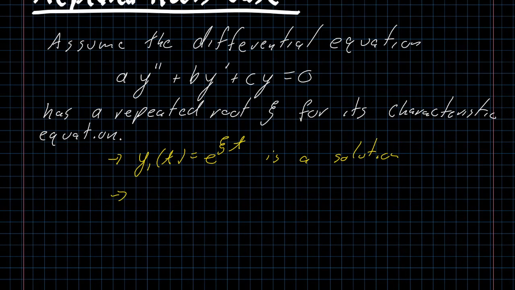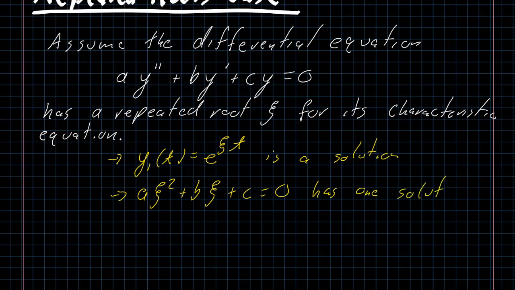And we know the characteristic equation, a times c squared plus b times c plus c equals 0, has exactly one solution, and it is c.